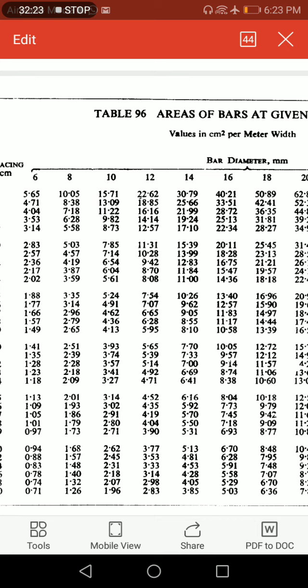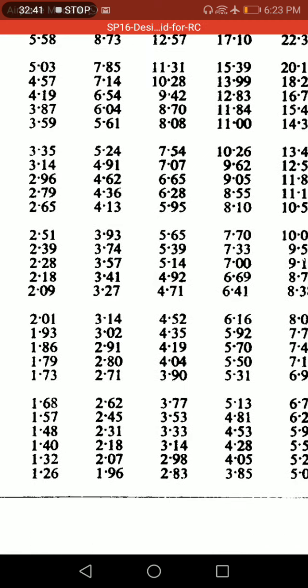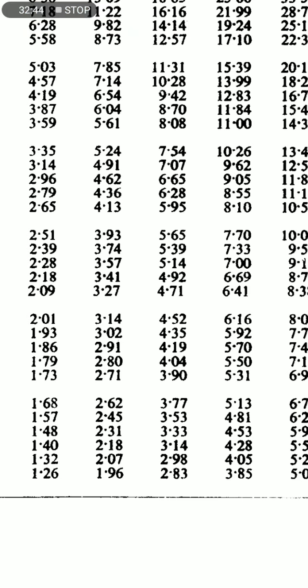Okay, so this is main AST. I said earlier the main reinforcement diameter as 10 mm. Practically we use main AST diameter as 10 mm. So we can go for the 10 mm column. We choose 3.14 centimeter square, which is nothing but 314 mm square.